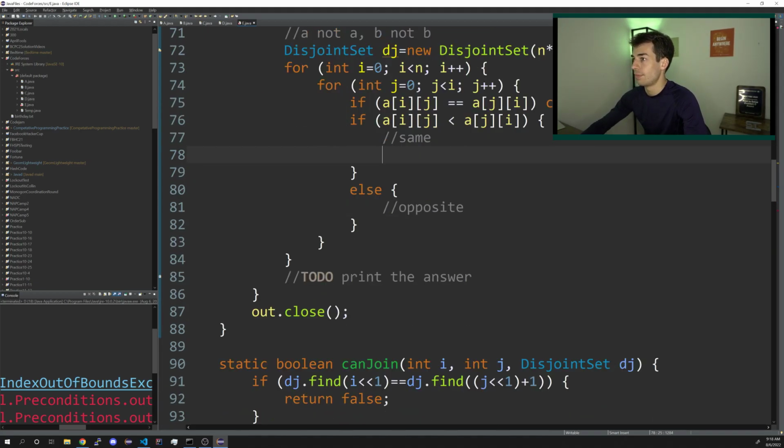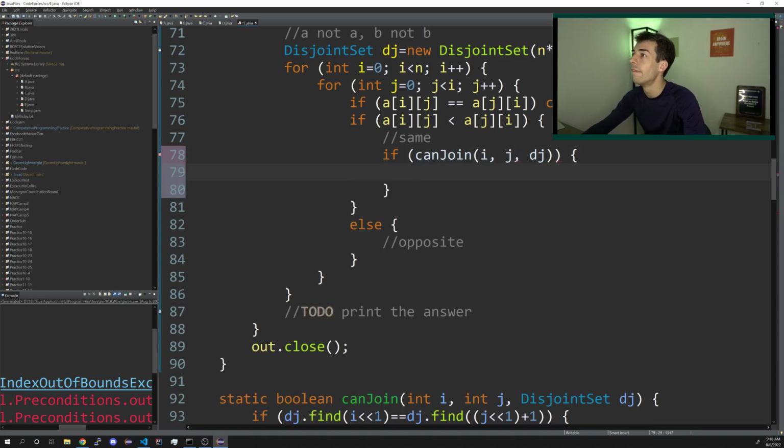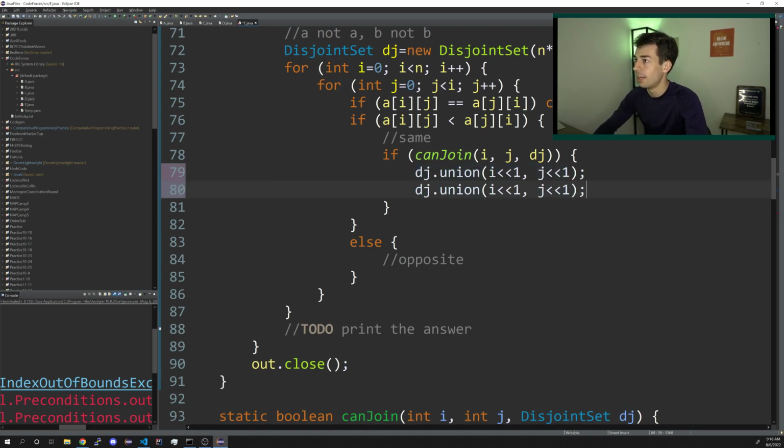Okay. All right. So what if they're the same? So if canJoin(i, j, dj), then dj.union(i left shift 1, j left shift 1), and then union this plus 1, and j left shift 1 plus 1. Okay.